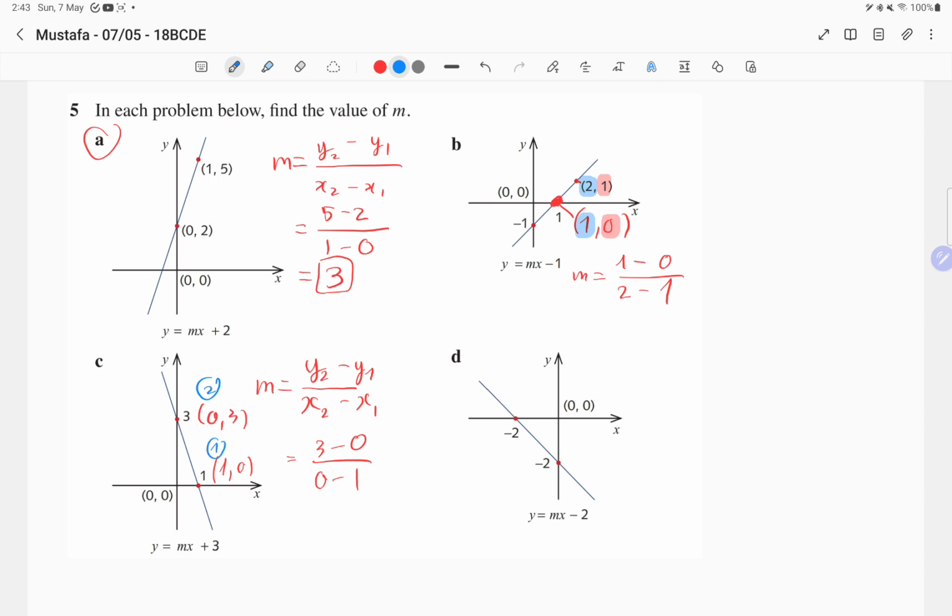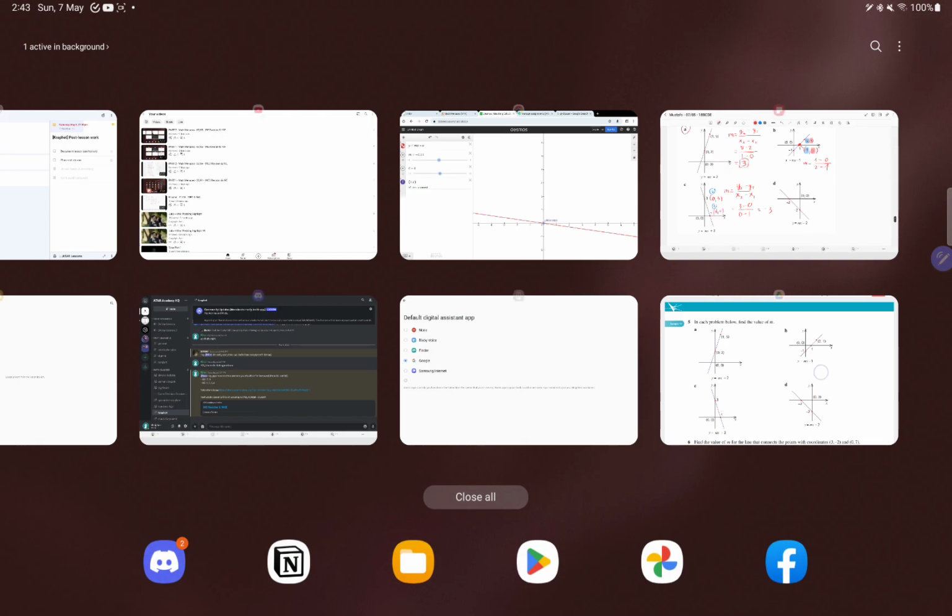In fact, it doesn't matter which point you choose as point 1 and point 2. As long as you take the x and y values from the same point, you will get the same answer. So the gradient is 3 over negative 1, which is negative 3. Do you understand the rise over run, the y2 minus y1 stuff? Yeah? Okay, let's move on.